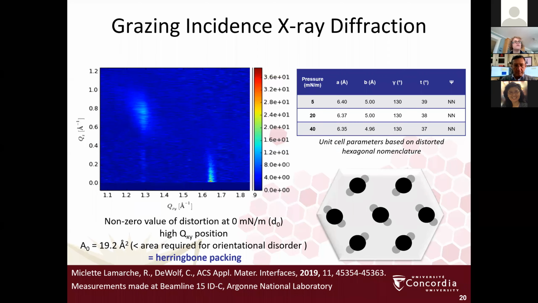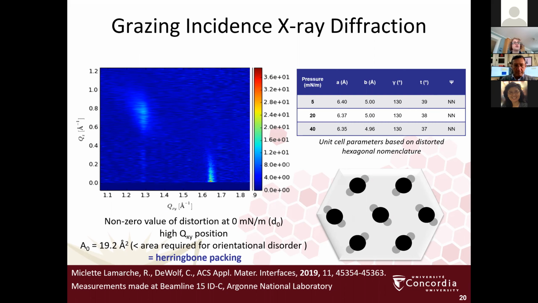which of course is less than that for conformational disorder or a free rotator phase. And we did a distortion analysis, because one thing is that the tilt angle is relatively invariant over a very wide range of pressure. From 5 to 40, we vary by only 2 degrees in tilt. We also did this at 0 pressure, and it's the same unit cell. So all of this suggests that it adopts a preferred orientation immediately as it's spread on the isotherm.